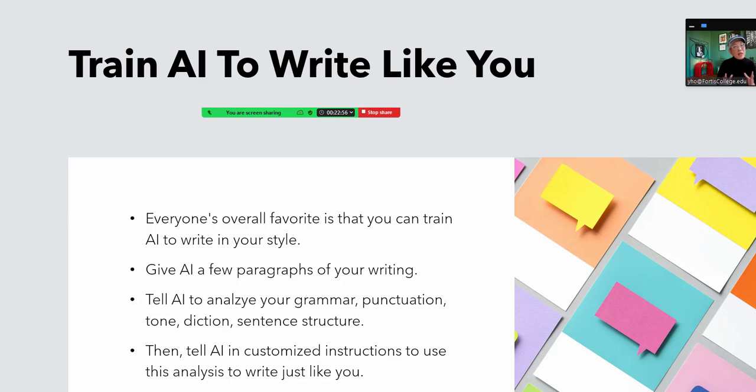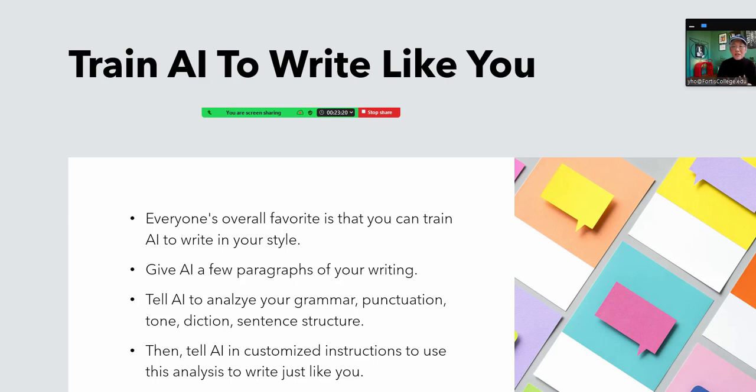A lot of people at this point find it fascinating to see how their writing can be analyzed by AI. I myself had my writing analyzed, and I found out that I write in a very conversational, personal, caring manner. I use a lot of complex sentences, which I didn't realize I did.